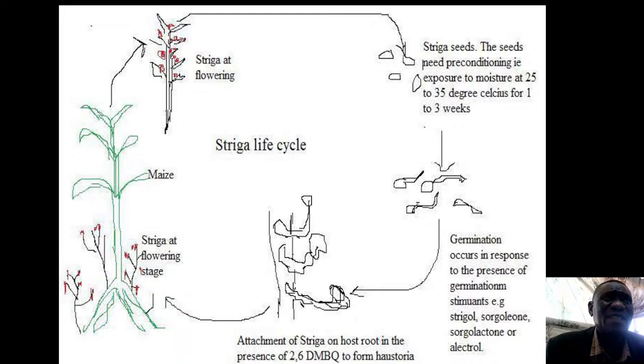Or if there is a germination process, you can also breed to reduce attachment or to eliminate it. So you can do breeding, or you can use some form of herbicides to reduce this parasite.